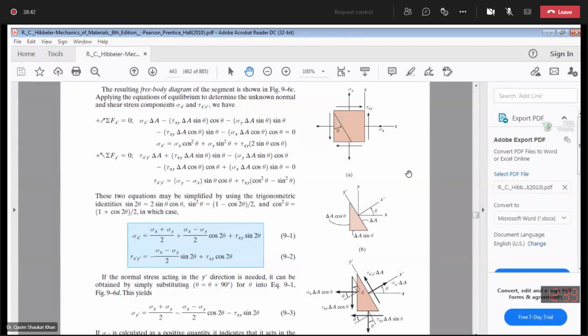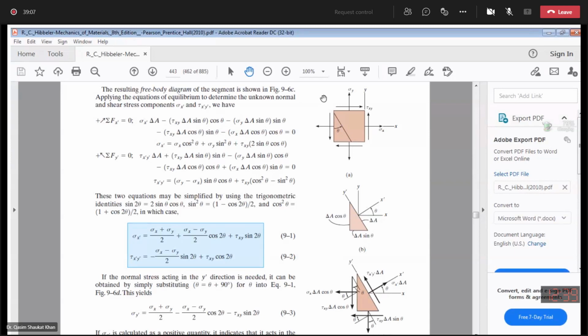Okay, now you can see on this element there was sigma x, sigma y, and tau xy. Now over here on this figure, the complementary normal stress sigma x has been shown, the complementary shear stress tau xy is shown, and the complementary normal stress sigma y is shown.